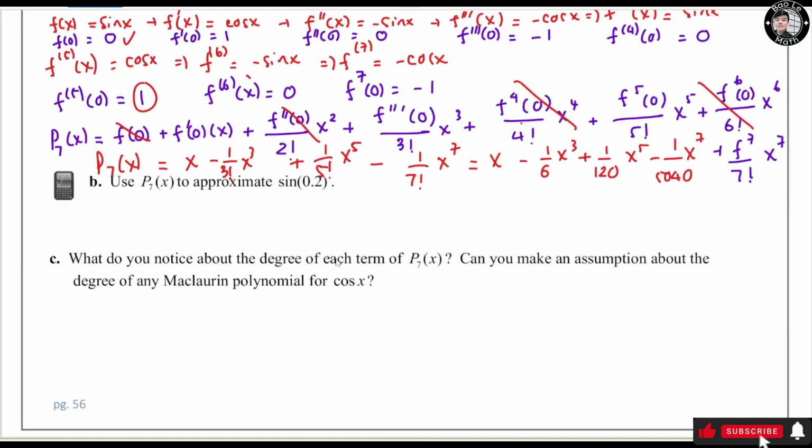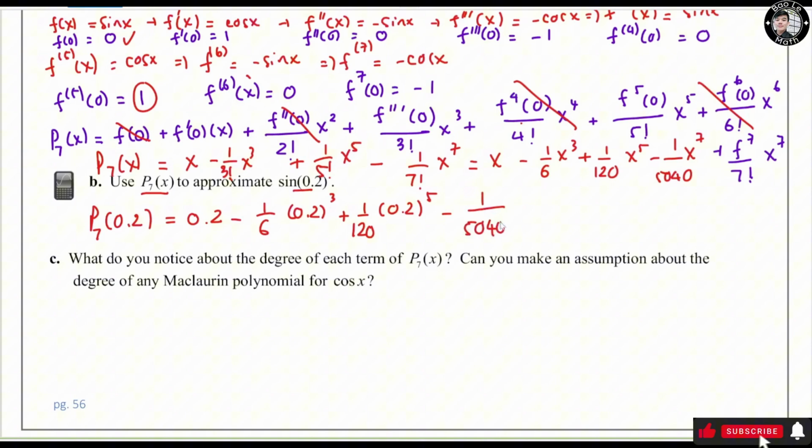Now question B. Use P7 of s to approximate this one. So we have P7 of 0.2 is going to be 0.2 minus 1 over 6 times 0.2 cubed plus 1 over 120 times 0.2 to the fifth minus 1 over 5040 times 0.2 to the 7.